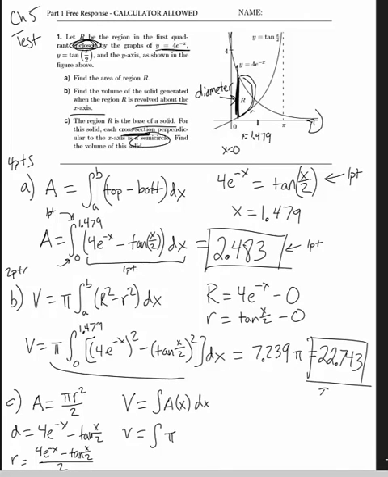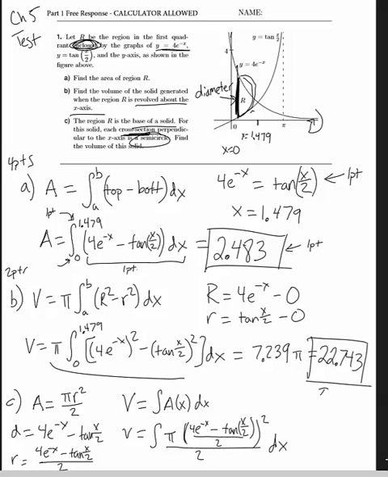So pi times 4e to the negative x minus tangent of x divided by 2, divided by 2, and all of that squared, divided by 2.